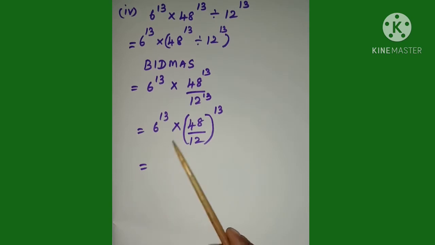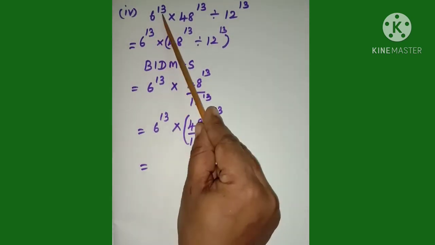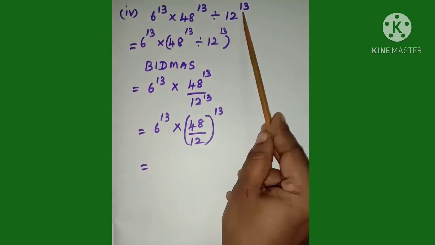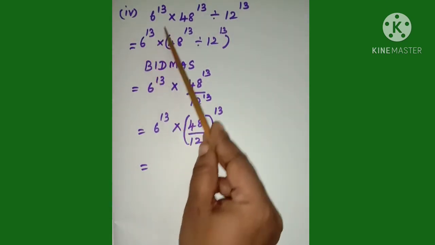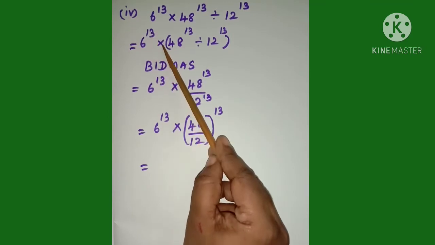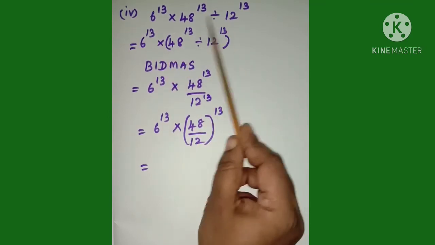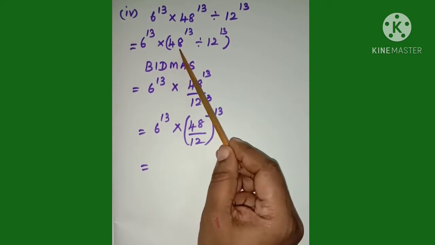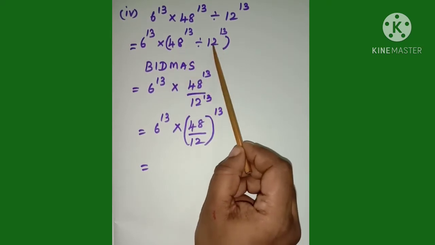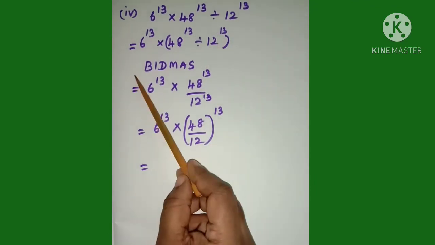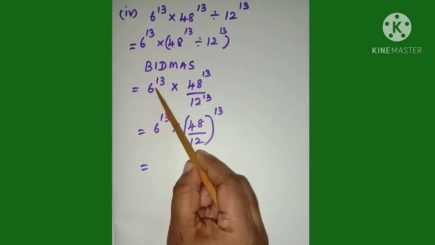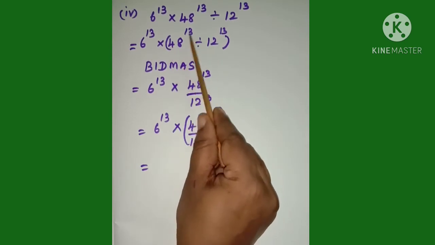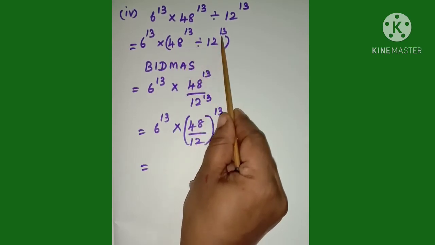Simplify by using the law of exponents. Here 6 to the power 13 into 48 to the power 13 divided by 12 to the power 13 is given. We can write this as 6 to the power 13 into, put the bracket. By using BODMAS, the calculation within the bracket is done first. Then in the next step, 6 to the power 13 into 48 to the power 13 divided by 12 to the power 13.